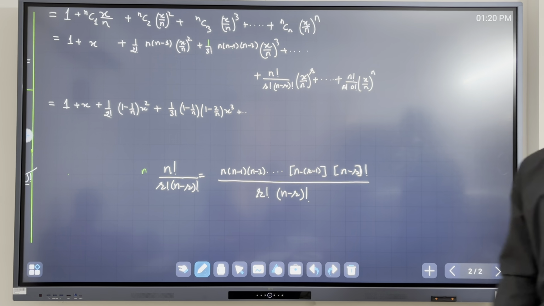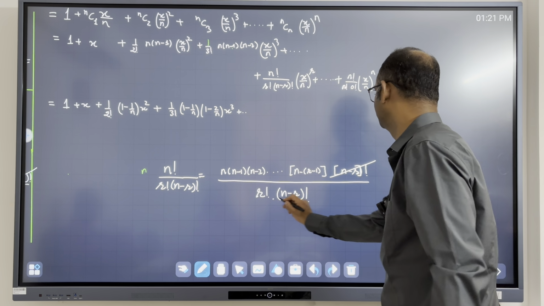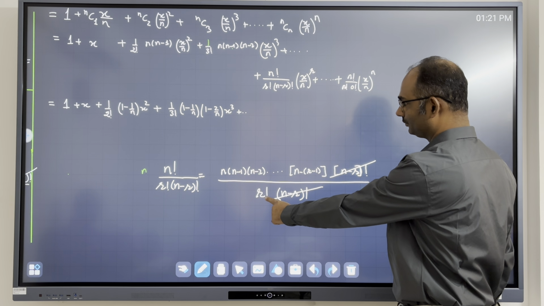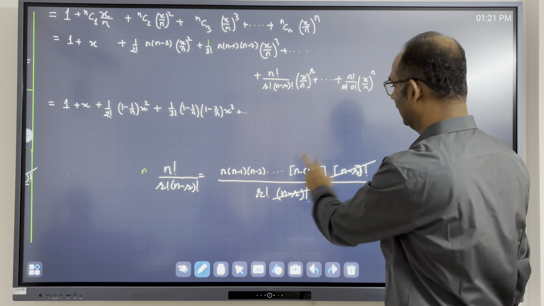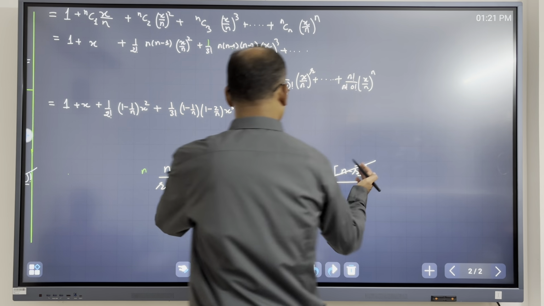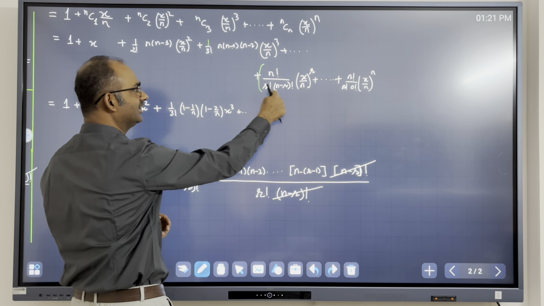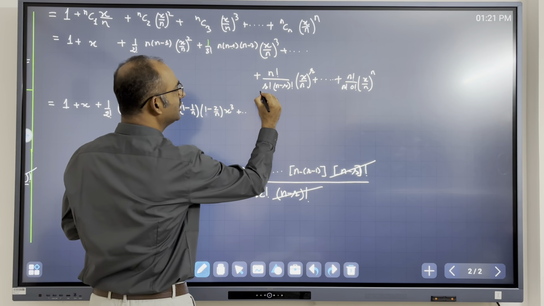Is it fine? So we cancel this, and you have now r factorial here. So now I'll take this result and plug it in here. This is the first term only, right? This result is only this part.